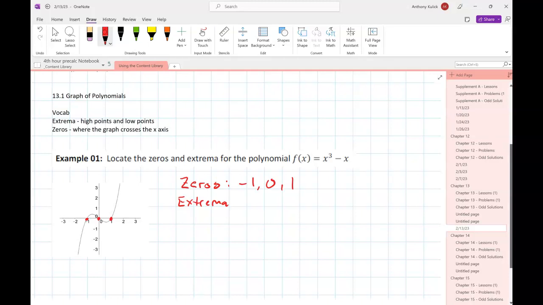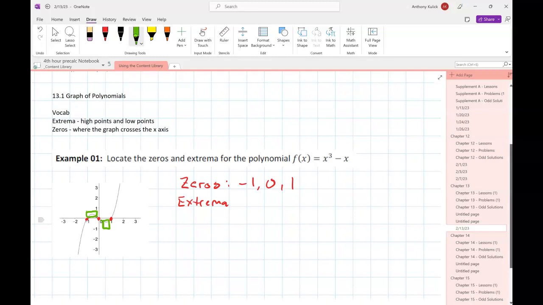How about the extrema? Do we see any extrema here? Oh, I see one in there, and I see one down there.